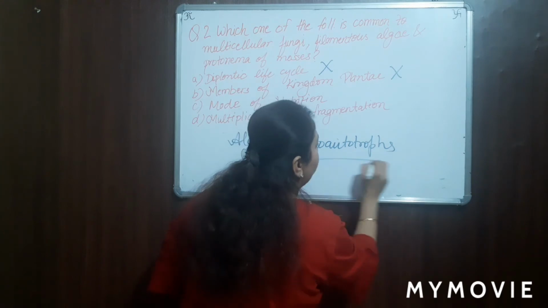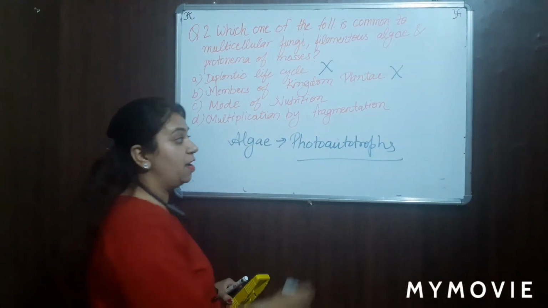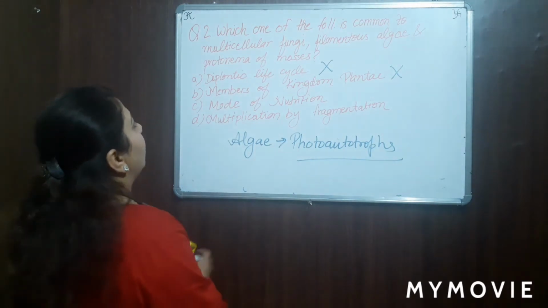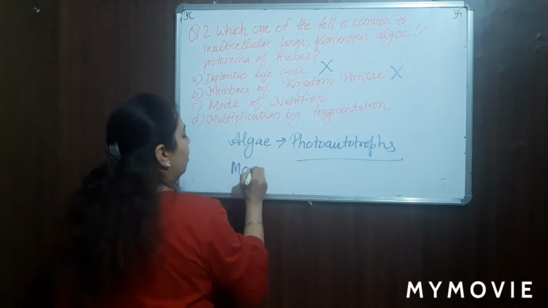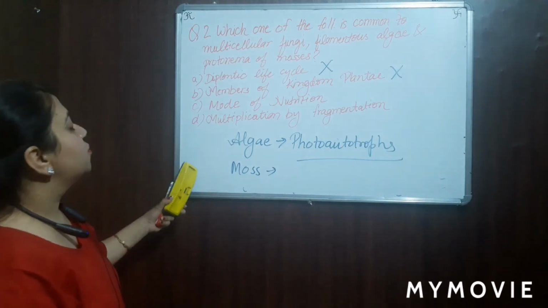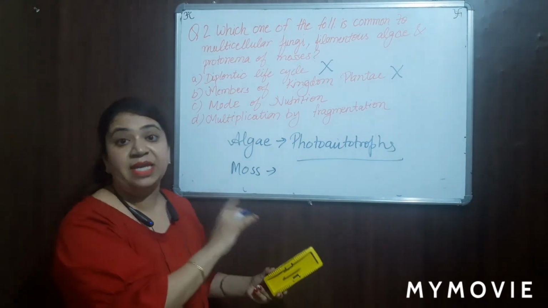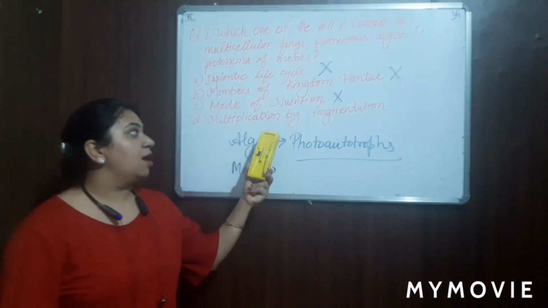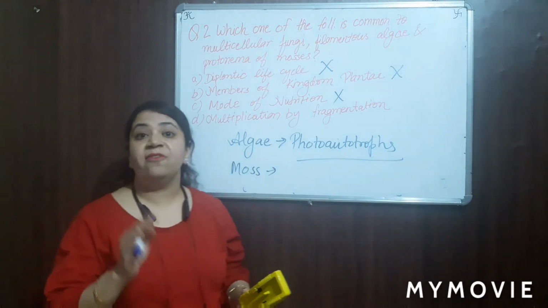It means they prepare their own food. They are autotrophs in the presence of sunlight, right? And moss, they also prepare their food with the help of photosynthesis. So the mode of nutrition in the three is not the same. So this is also incorrect. Right? Now the last option says multiplication by fragmentation.